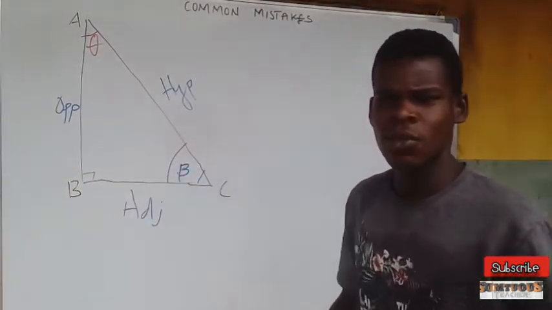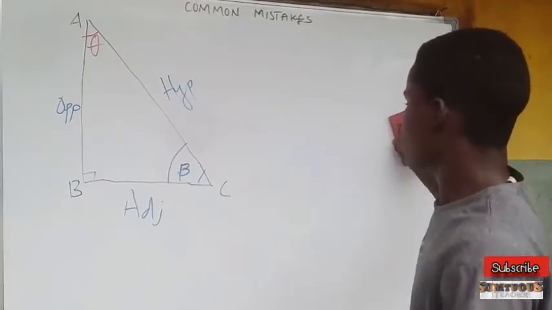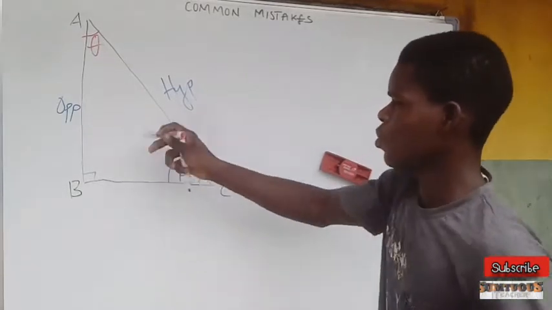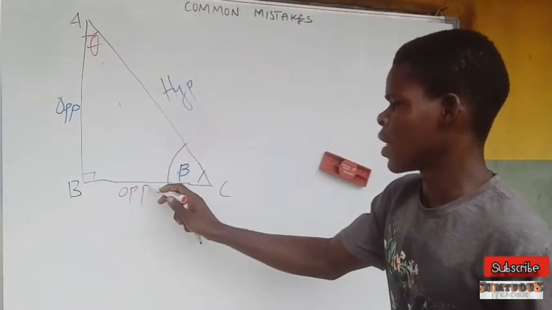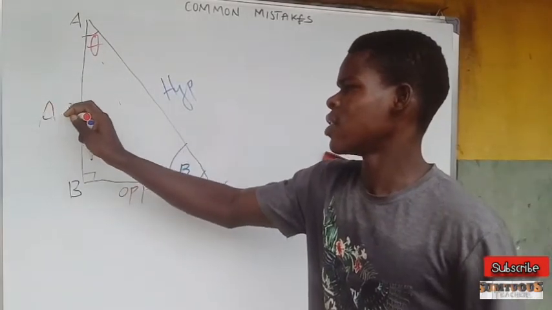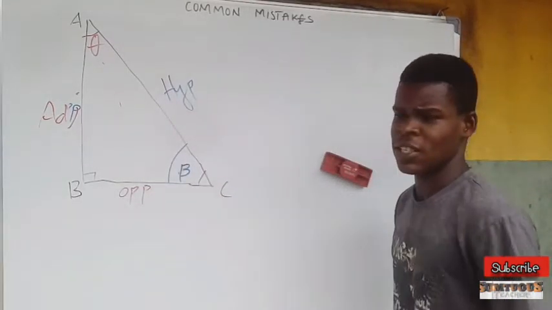Yes, that is wrong. If the angle is here, then your opposite will now be the side just opposite to the angle, and that will be your adjacent side. It is no longer like this because the angle has been changed.